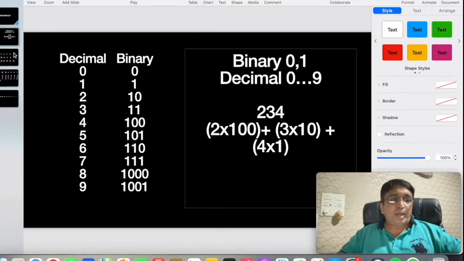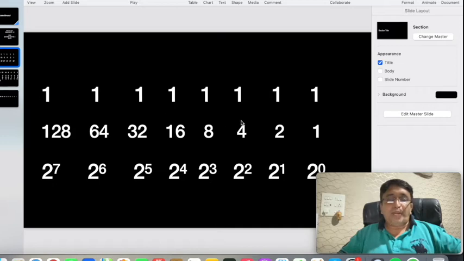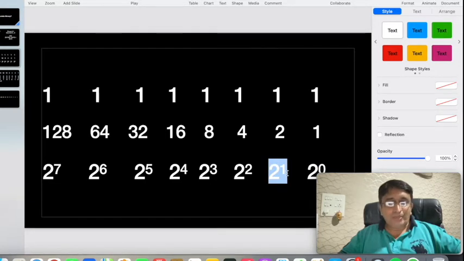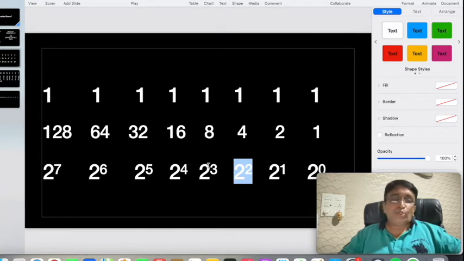Now let's understand binary in this way. Binary is made of only 2 numbers, that is 1 and 0. So that's why the first position in binary has the value of 2 raised to 0. The second position has the value of 2 raised to 1. The third position has the value of 2 raised to 2, and so on.